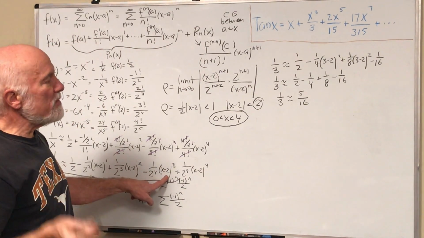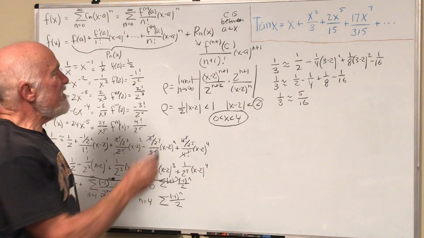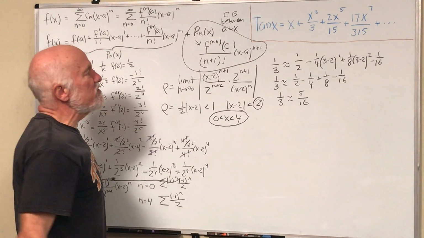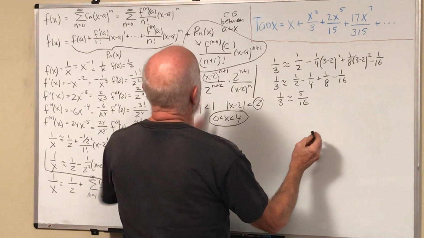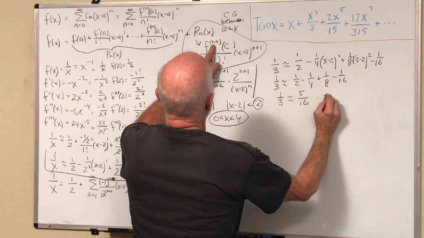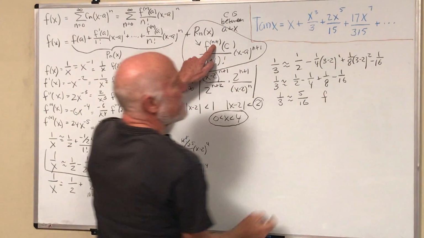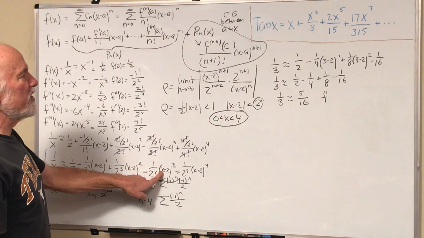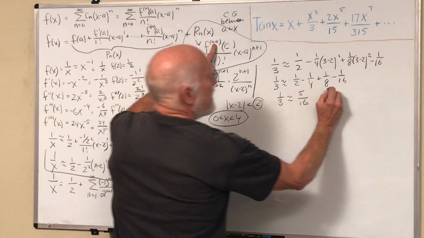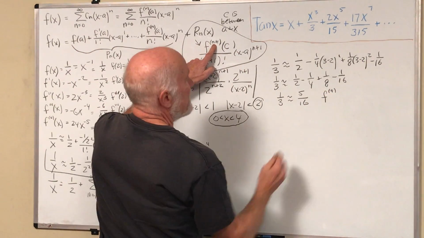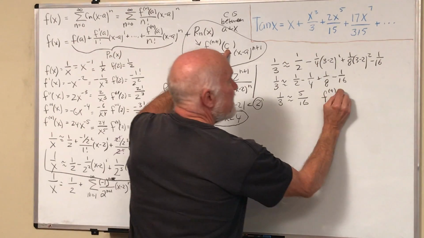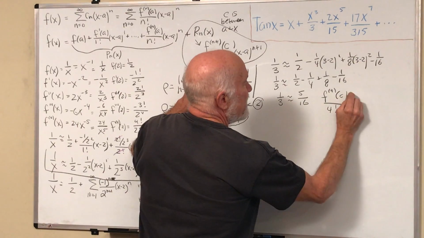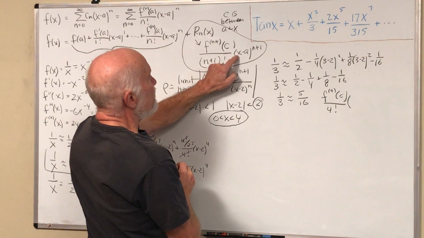And then, what about the error? Well, let's practice this error. That's the remainder right there. So we know the remainder is going to be f of, and we've used up to how many terms? We've used up to cube terms. So we're going to go to the 4th derivative at c over 4 factorial times x minus a.